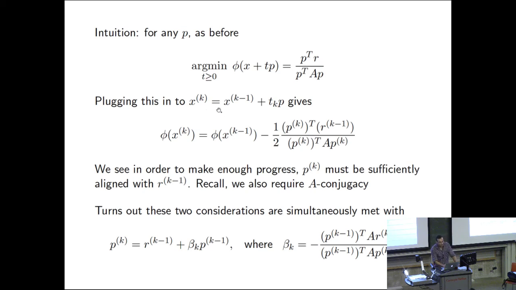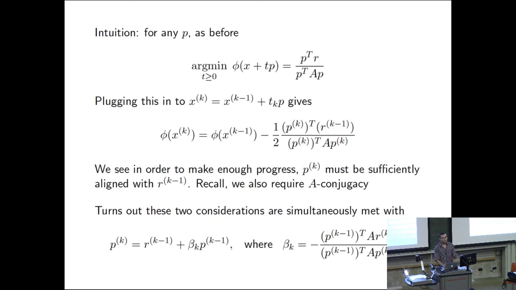If I take this optimal step size and move in some direction, here I called it p_k, and plug that into the criterion itself, a pretty simple calculation brings you to the criterion at iteration k being equal to the criterion at iteration k minus 1 minus one fraction: 1/2 times (p transpose r) squared divided by p transpose A p.